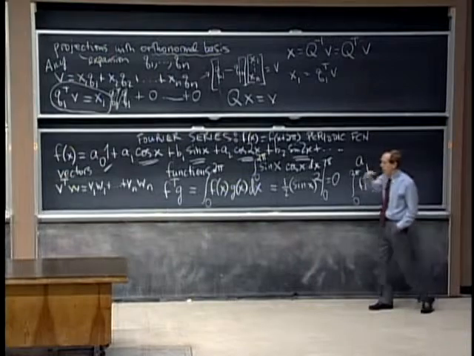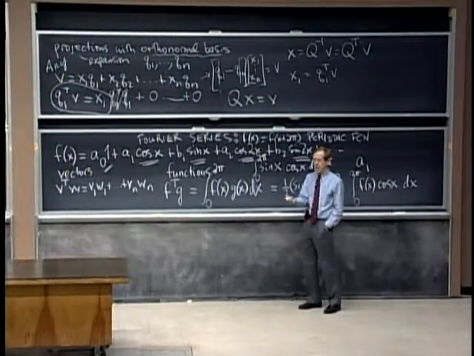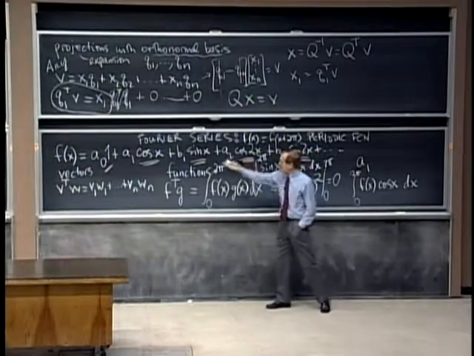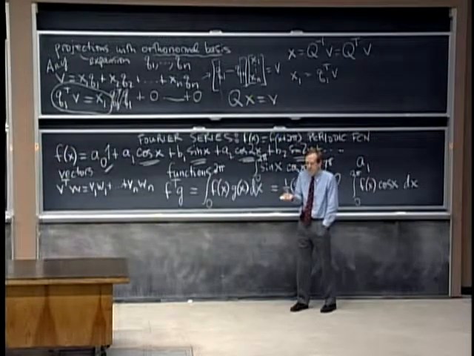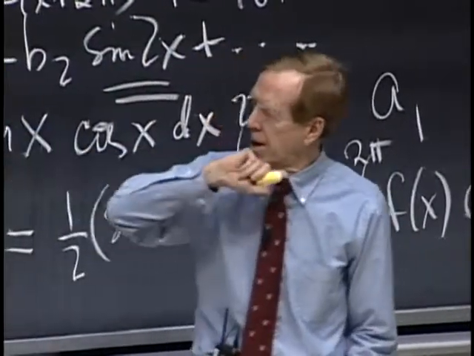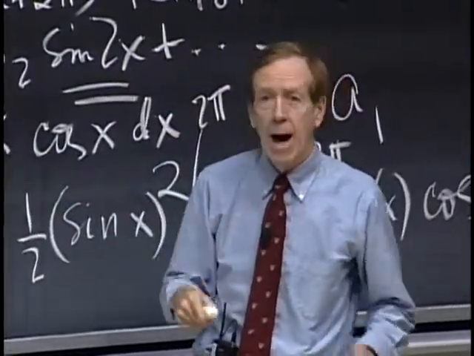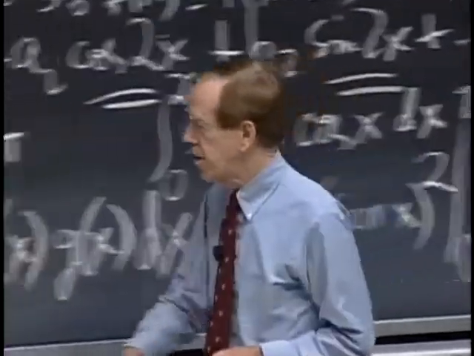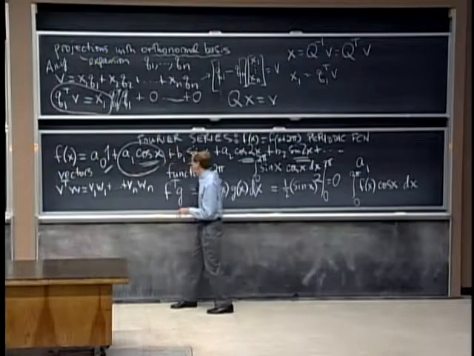When I say take the inner product with cos x, let me put it in ordinary calculus words. Multiply by cosine x and integrate. That's what inner products are. So if I multiply that whole thing by cos x and I integrate, I get a whole lot of zeros. The only thing that survives is that term.